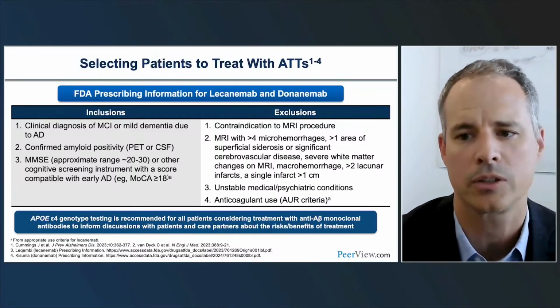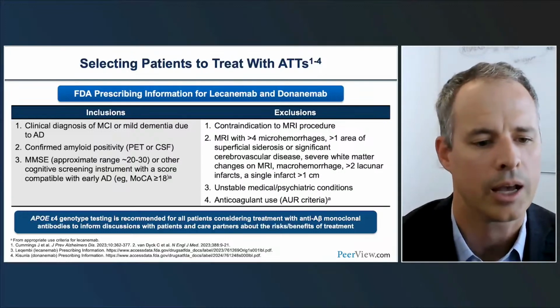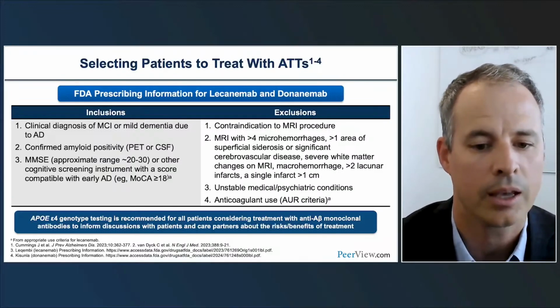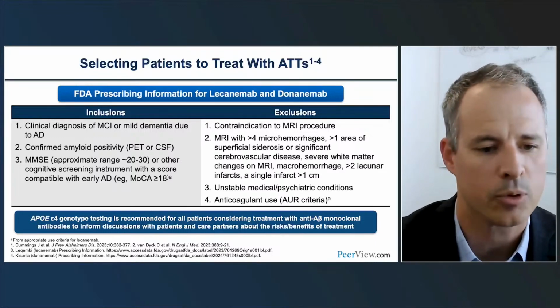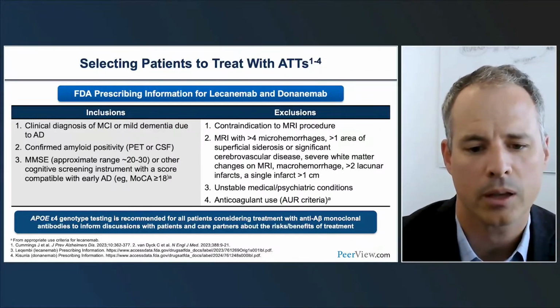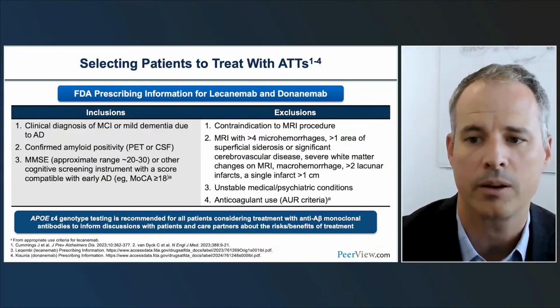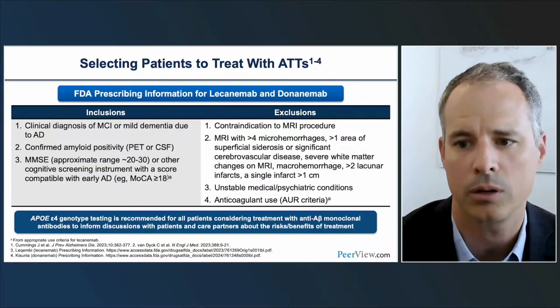At our center, we actually still include patients with anticoagulation, and they were included in trials. ApoE4 genotype testing is recommended for all patients, both by the FDA and the appropriate use criteria, and is really important for informing discussions with patients about their risk-benefit of treatment, which is something we'll discuss in more detail as we go along.